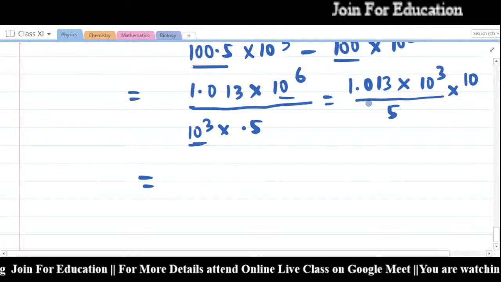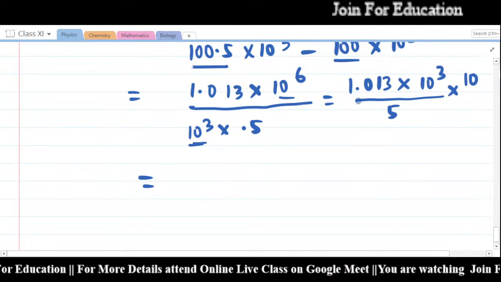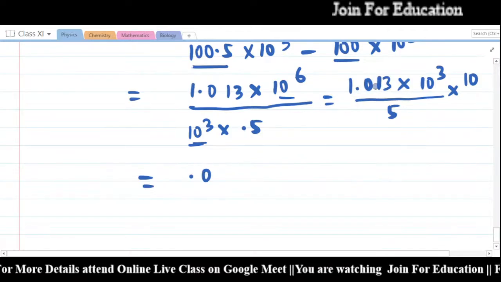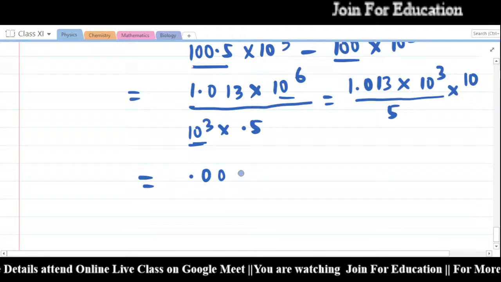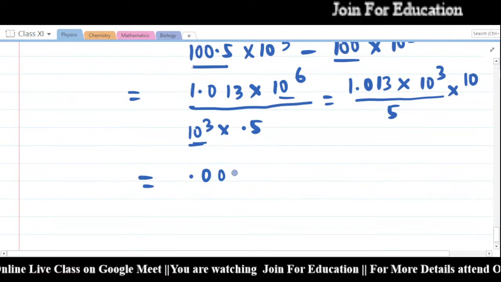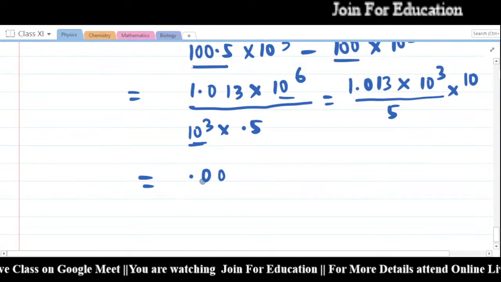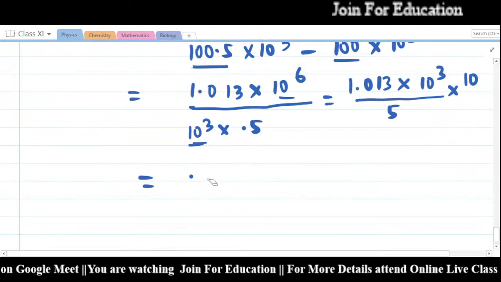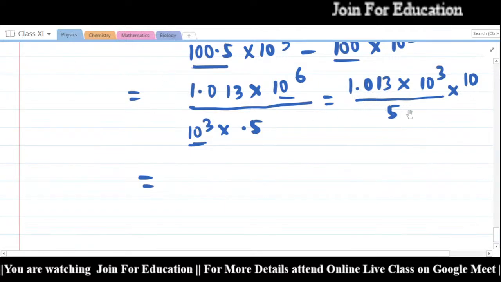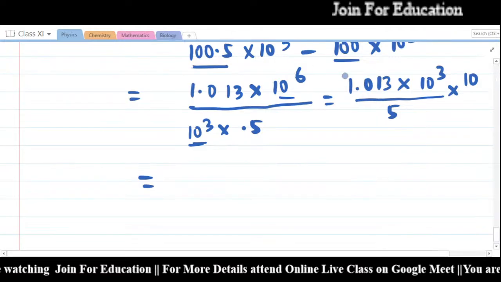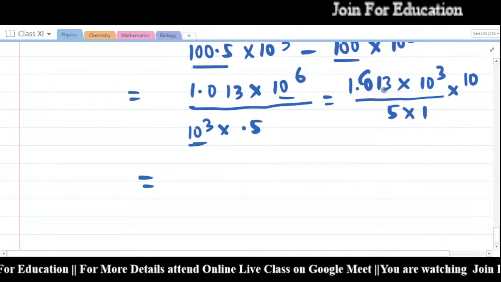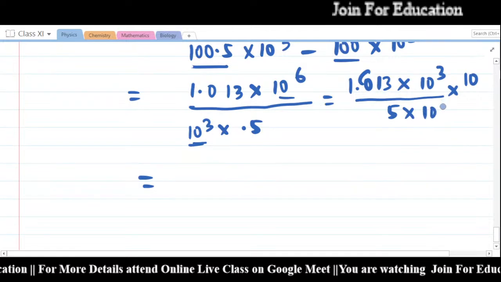Now when this is multiplied and divided by 5, we remove the decimal here and we get 1 into 10 to the power 1 to 3.